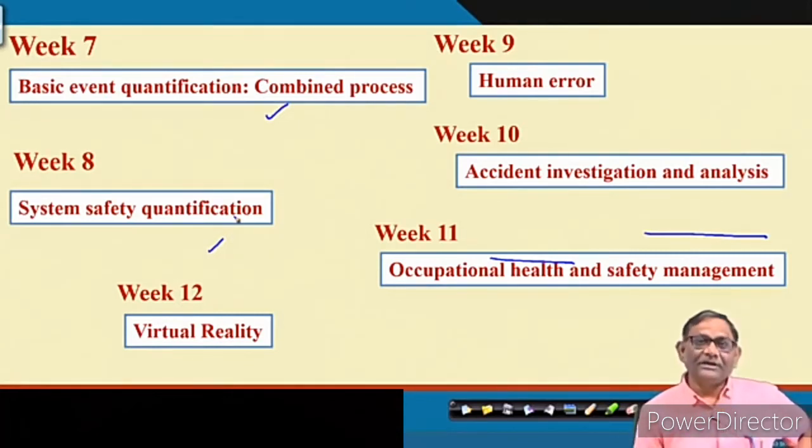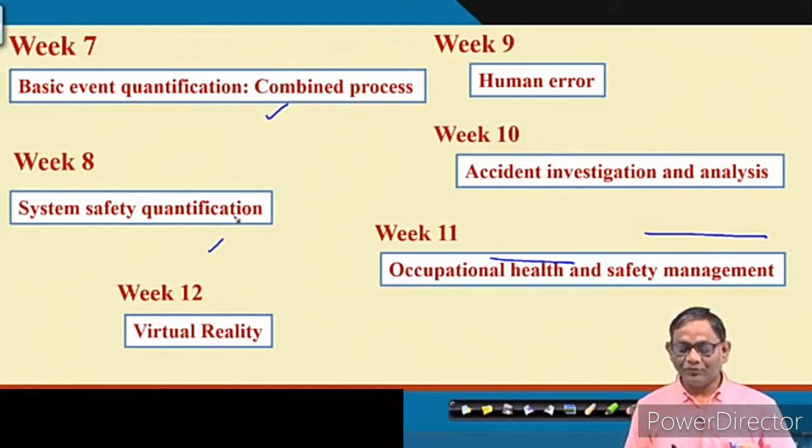Then we have shifted to another important topic of safety engineering, which is known as human error. Ultimately, if you analyze accidents, you will find that one way or another human involvement is always there, so human error cannot be eliminated completely.